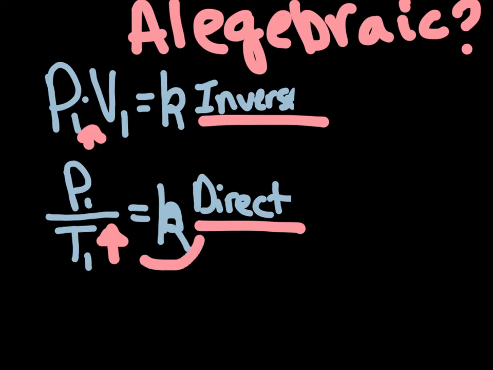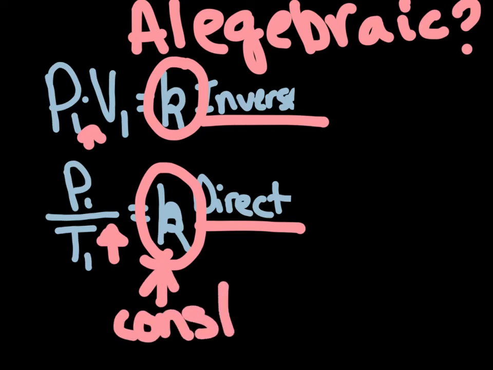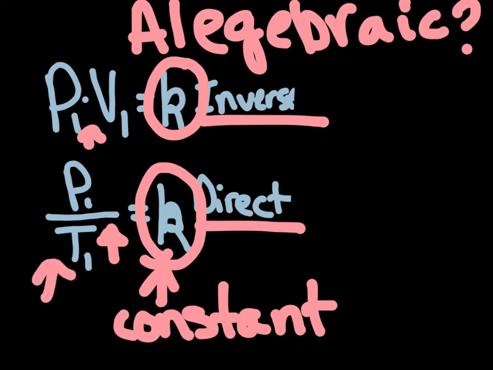You see a number here represented as k, and this is just a constant. If I'm holding all of my other variables the same, and I change temperature in some way, pressure will change in the opposite or in the same way to keep this number constant.